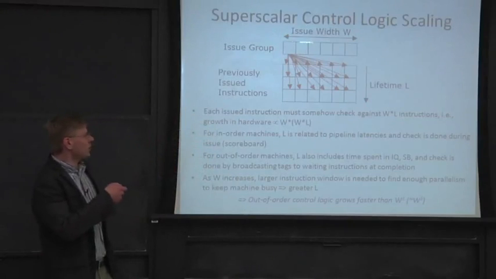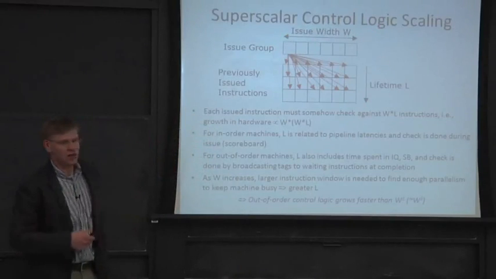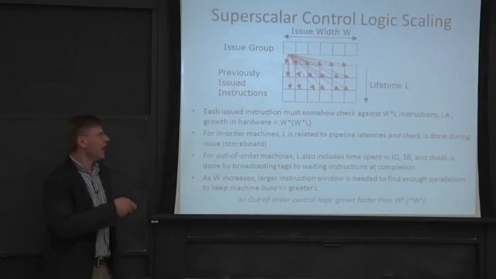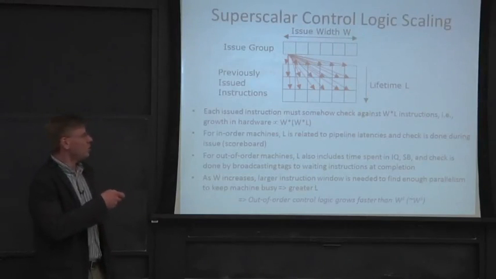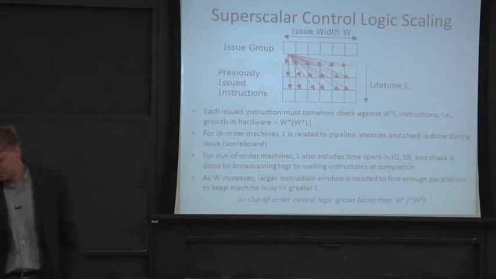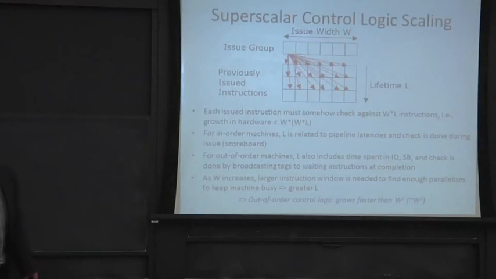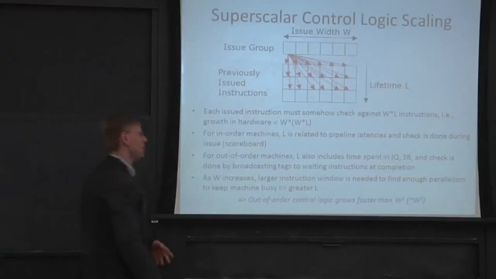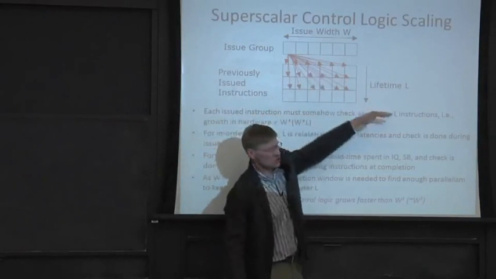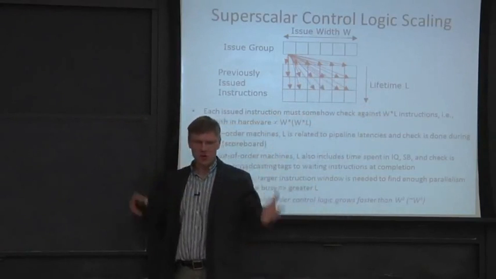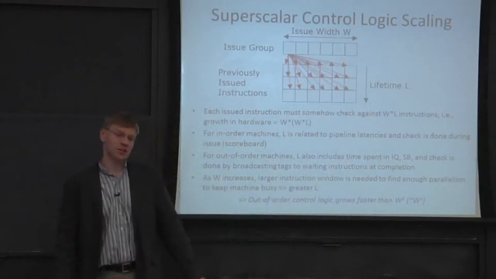So here I draw a picture where I have the issue width of a superscalar processor, and we represent that as W. And then we have the lifetime of an instruction. So that sort of gives you a matrix of things in flight in the processor.